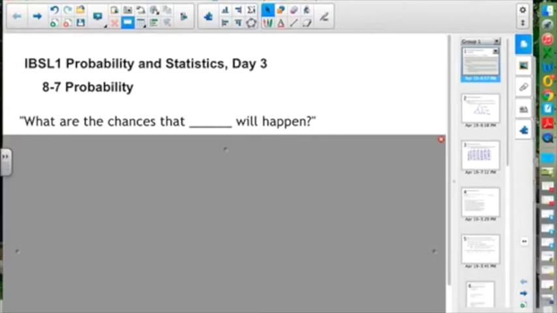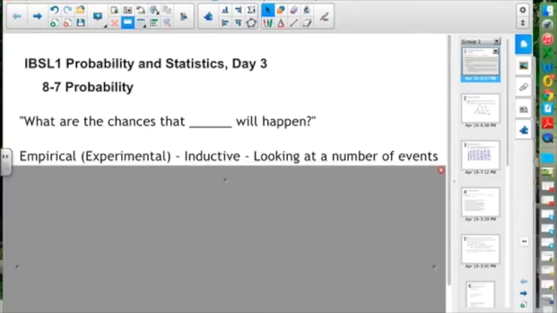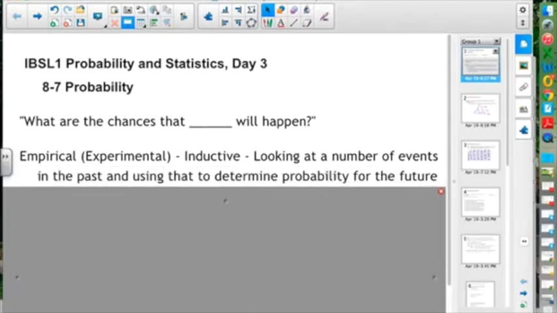All right, two different types of probability. One is empirical or experimental, okay? This is an inductive process, meaning that we're going to look at a lot of events that happened in the past, and then we're going to try to use that probability for future events.